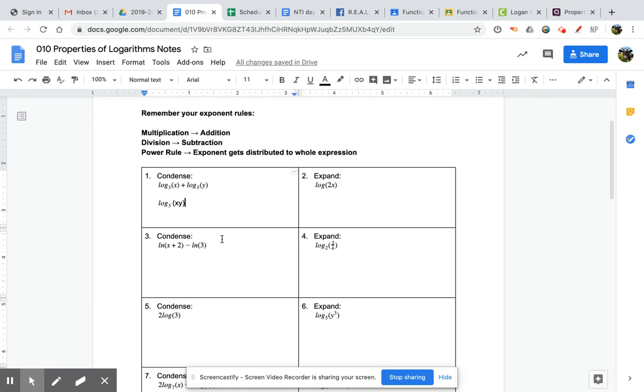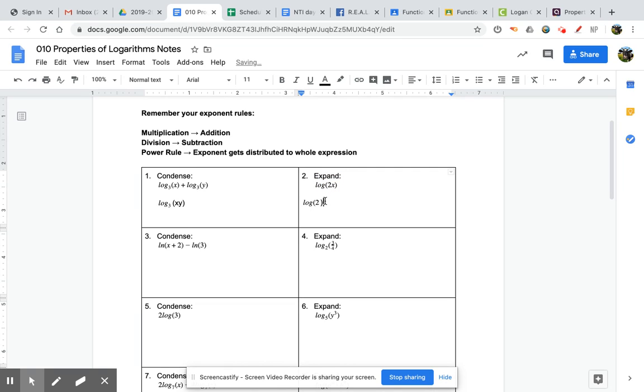Okay? Let's say I look at number 2. Number 2 is now going in the opposite direction. It says expand, which means to take this one logarithm and break it apart into two. So again, I identify what's happening here to this 2 and this x. Well, they're being multiplied. So what pairs up with multiplication? Well, addition. So if I then want to break these two things apart, watch what I do here.